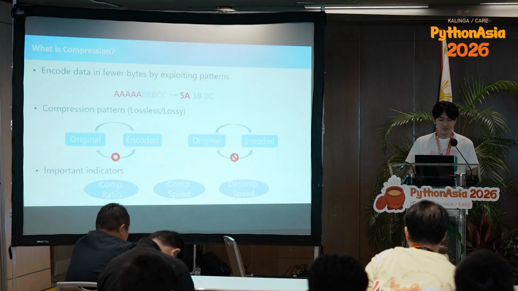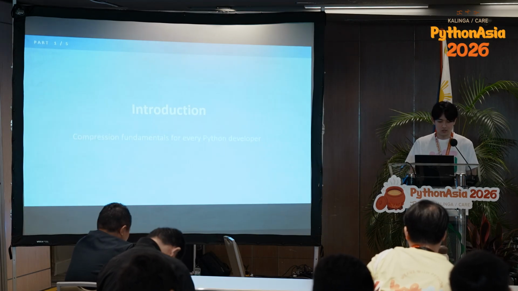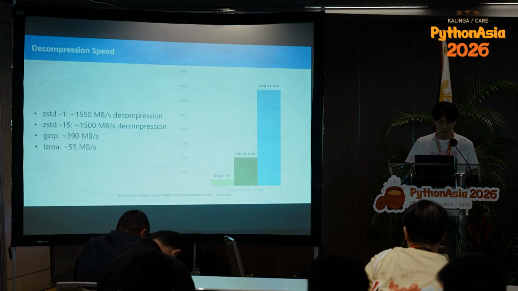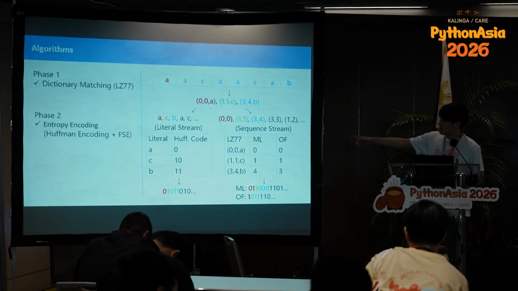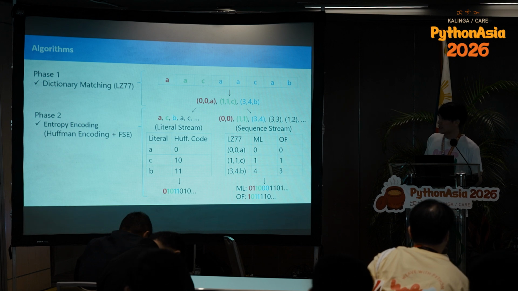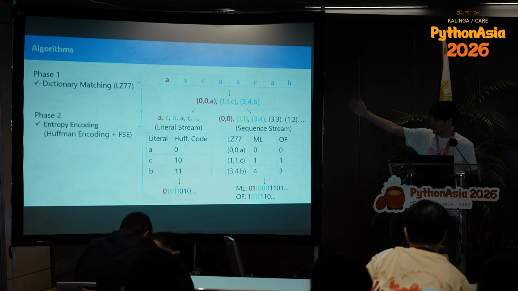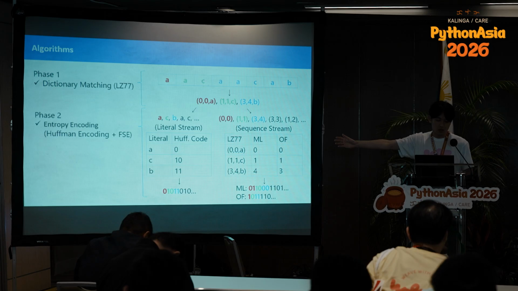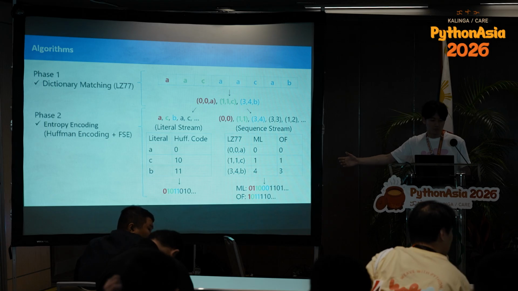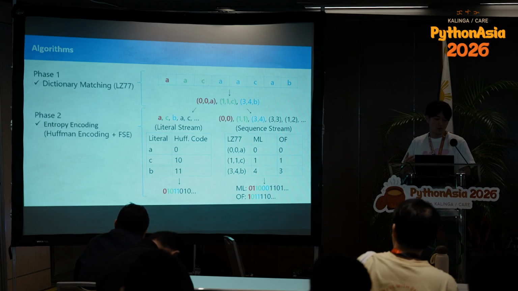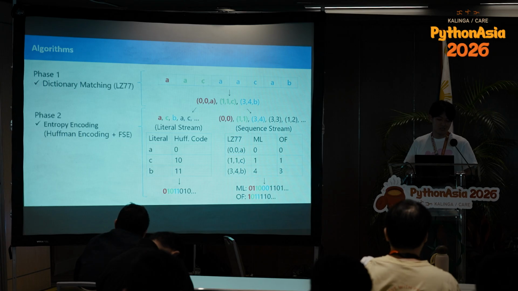So zlib is slightly different from Zstandard. Zstandard is a standard algorithm, and zlib encodes the information in two phases, but only the left side is conducted. So in short, Zstandard is a little bit more complex compared with zlib in terms of encoding information.